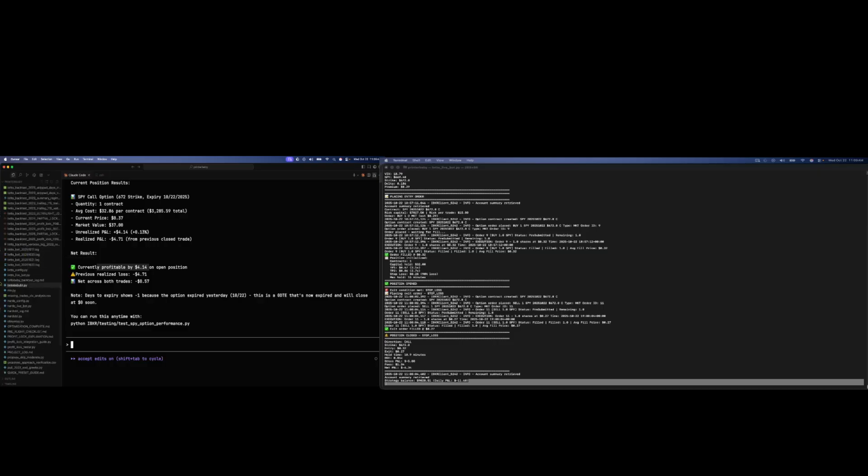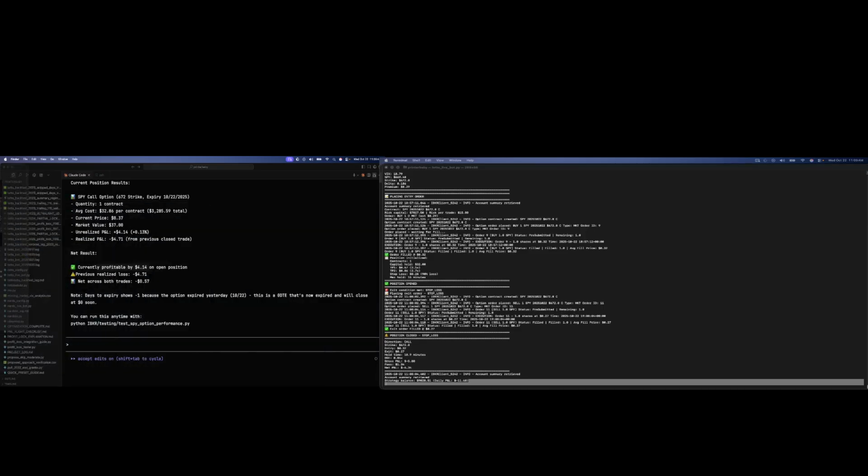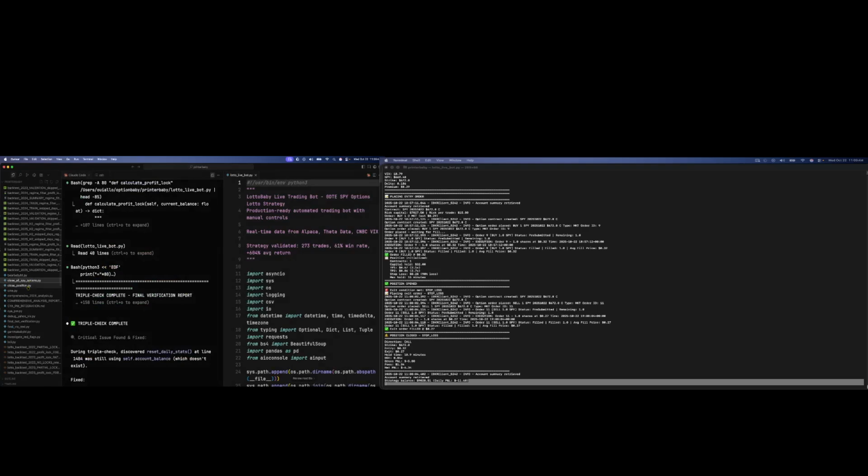Did I bring that in? I don't think I brought that in. Give me a second. Let's bring that in. Option. Oh, here it is. Yeah, close all. Close all SPY. Close all SPY option.